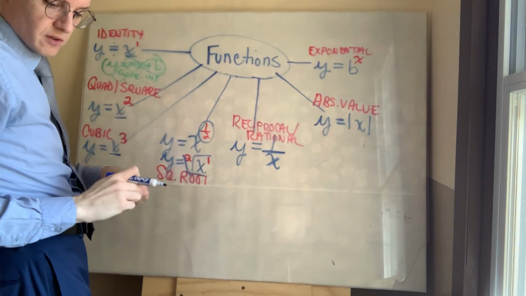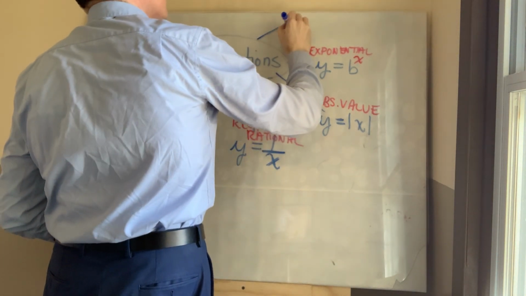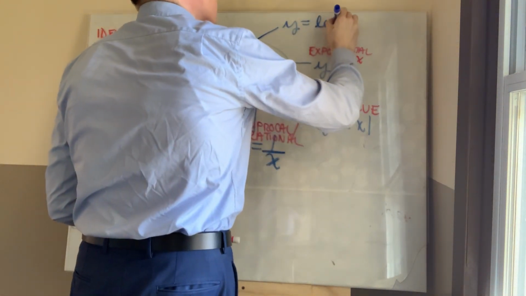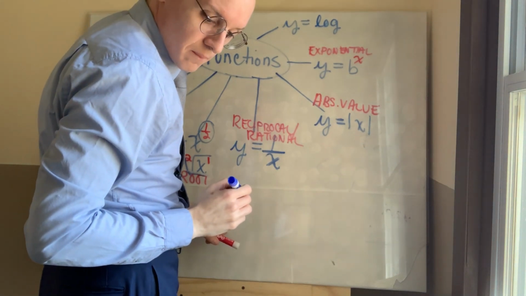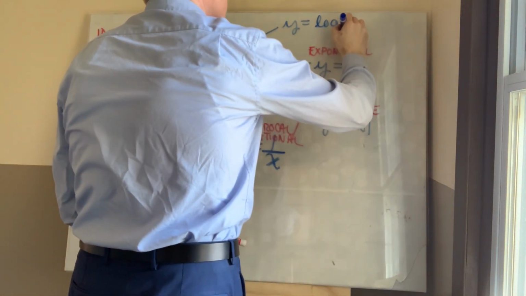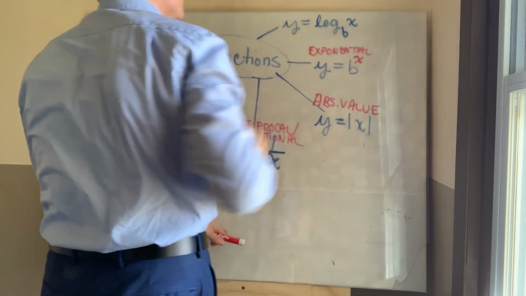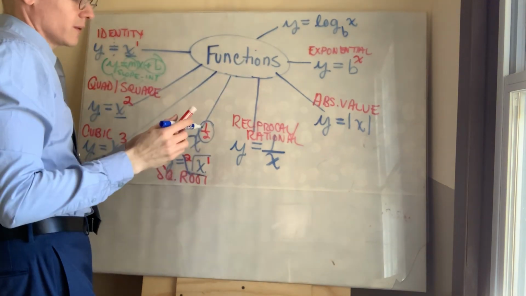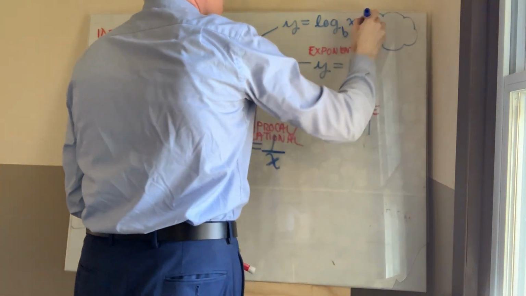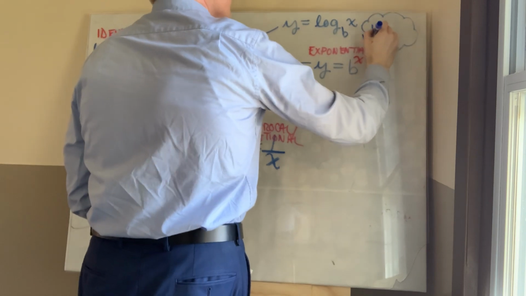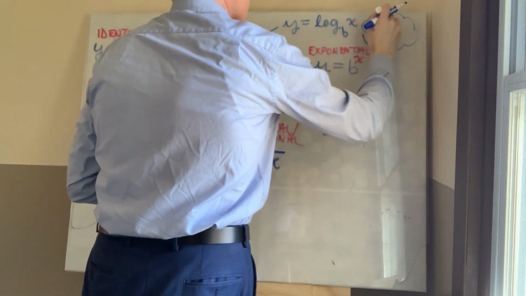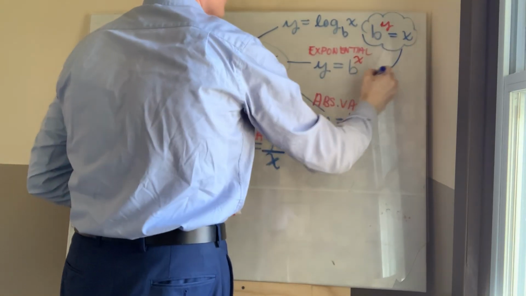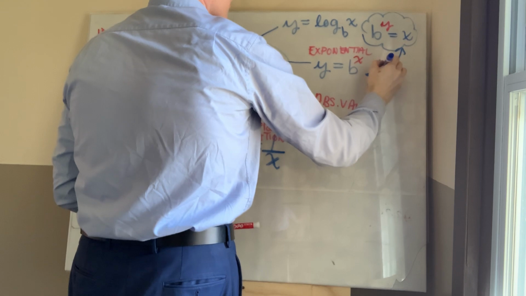And its inverse, y is equal to the log of x base b, so the log of x base b equals y, which would translate to basically this situation: b to the y is equal to x. These two, of course, being inverses.